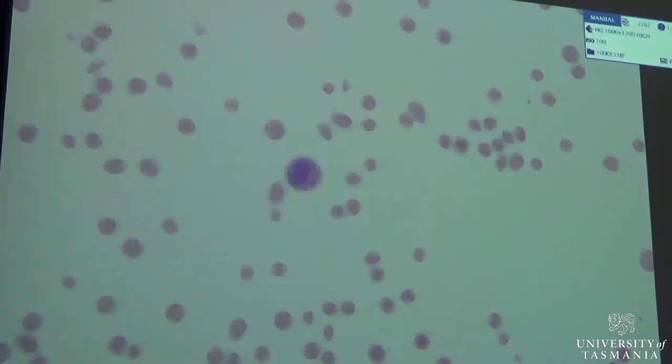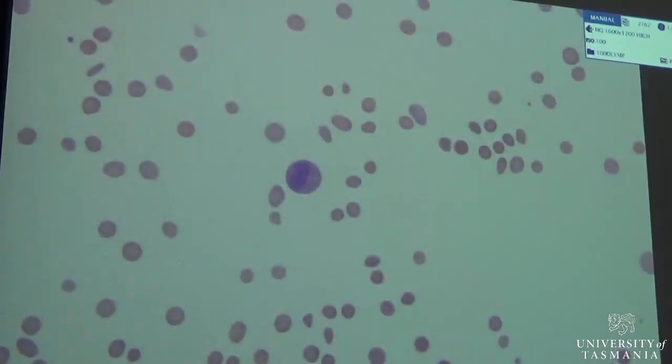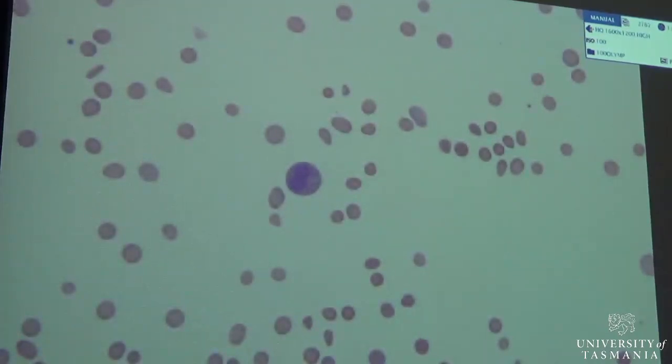So what do you think that cell is in the middle? It's a very big cell, isn't it? So that's probably even a bit earlier than a band form. So that's probably a metamyelocyte, which is an earlier white cell. But you can see these white cells are giant.